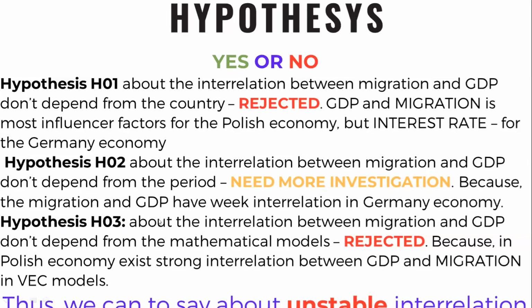Hypothesis H03, that the interrelation between migration and GDP does not depend on the mathematical model, was rejected. We can see that the VAR and VEC models gave different results. In this case, we can speak of an unstable interrelation between migration and GDP.